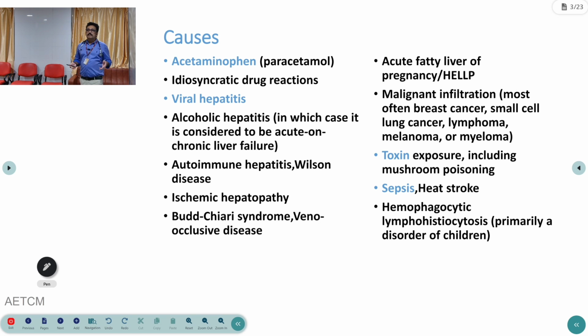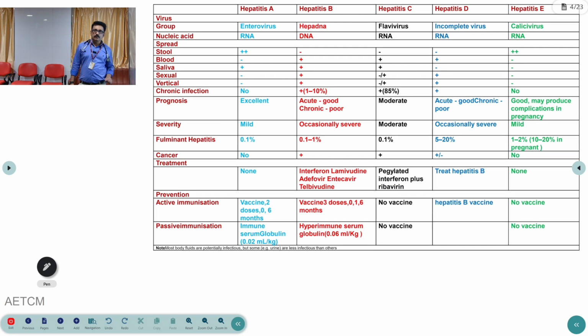Budd-Chiari syndrome, that is a veno-occlusive disease. Acute fatty liver in pregnancy, HELLP syndrome, malignancy and infiltration of malignant tumors to the liver, toxins, mushroom poisoning, rat poisoning, sepsis, heat stroke, and macrophage activation syndrome. So, these are the common causes for acute liver failure.